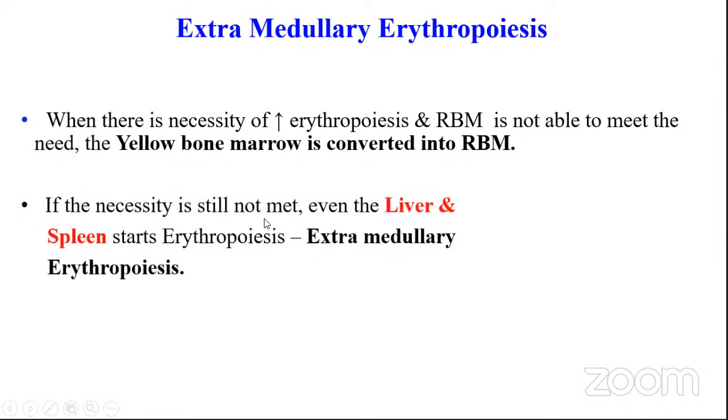If the necessity is still not met, erythropoiesis can even occur in the liver and the spleen. This is called extramedullary erythropoiesis. One thing you should always remember: if there is extramedullary erythropoiesis, it reflects that something abnormal is there, and some disease might be suspected.